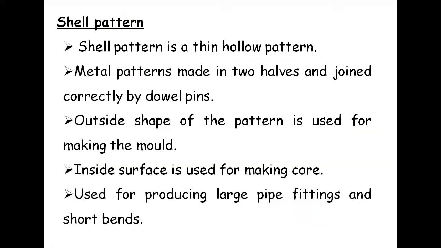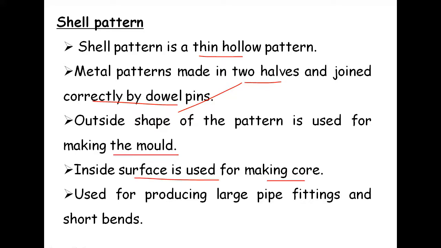Shell pattern. A shell pattern is a thin hollow pattern. Metal patterns are made in two halves, and for proper alignment you use dowel pins. The outside shape is used for making the mold. The inside surface is used for making the core.